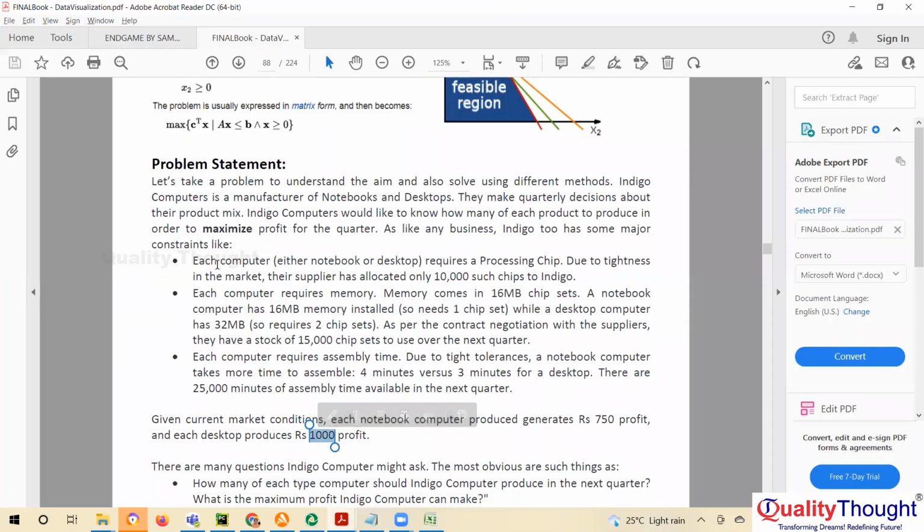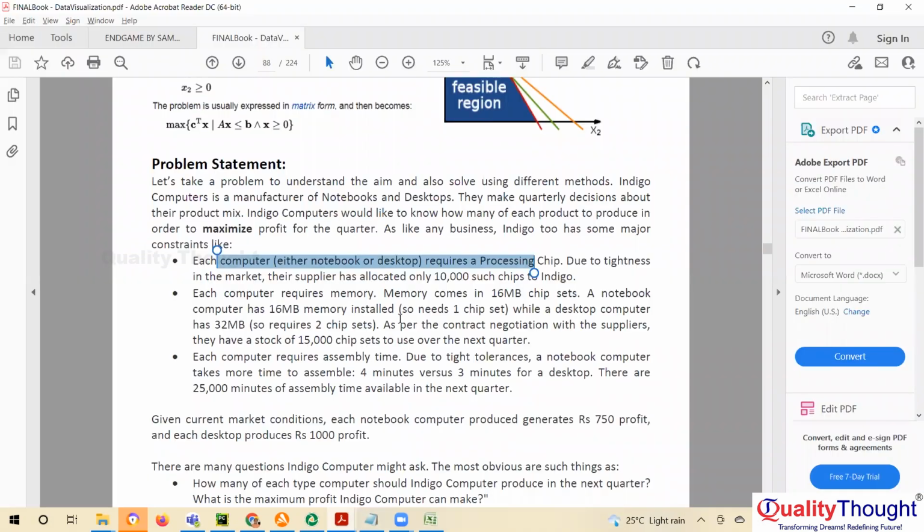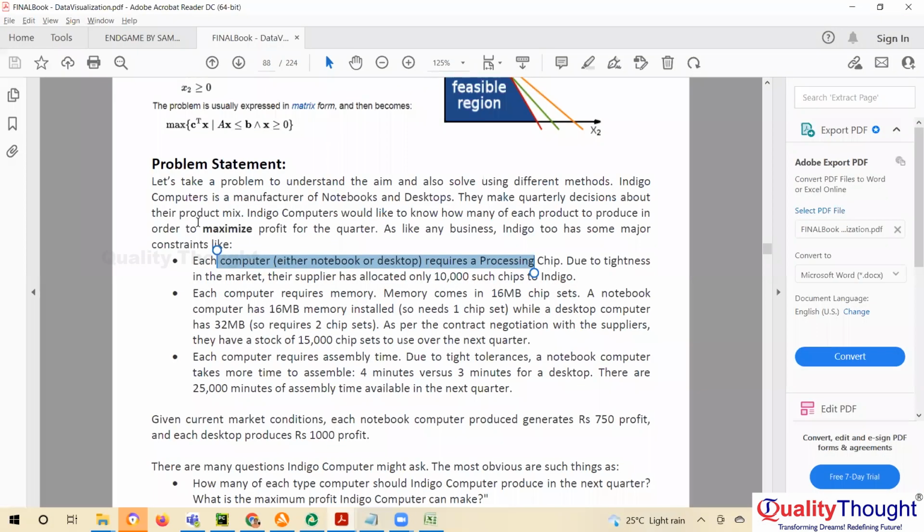The first constraint says each computer requires a processing chip. So constraint 1 is about the processing chip. Each computer requires a processing chip, both. So it is 1 times X and 1 times Y, both require one piece, and in total you have 10,000 chips.